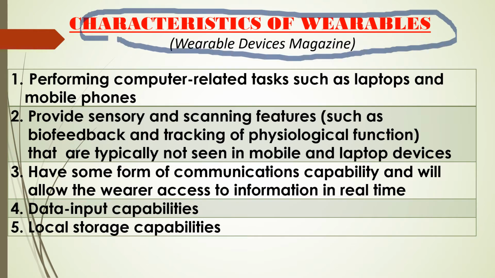So first one is performing computer-related tasks such as the laptops and mobile phones. So before kasi, we need to buy our personal computer just to access the internet. But nowadays, we can use or pwede nating dalhin yung laptop natin at yung cellphone natin para makapag-access sa mga different social media, pati na rin sa different browser.